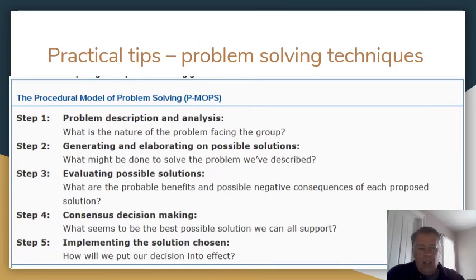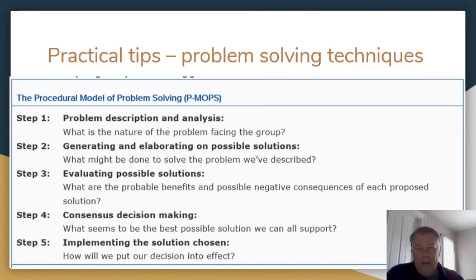The last 3 slides here are just different practical problem-solving techniques that the text offers. You can use these if you'd like in your project, or as you saw, some of the decision-making processes that were offered before: by the leader, by vote, you can use those.